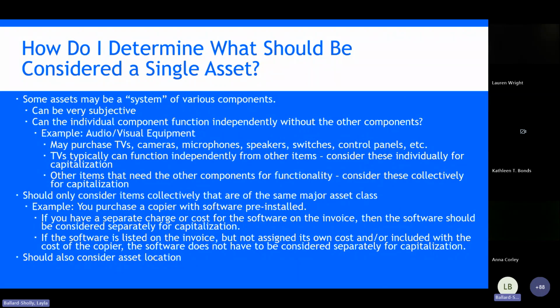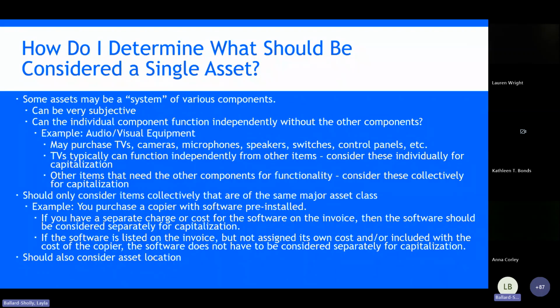But you may have some items. The most common one is the television. That does have function and utility by itself. Unless it's some weird, unique TV that they made in such a way it can only work with the rest of your equipment. But in most cases, it's just a normal Samsung or whatever you're buying with this.